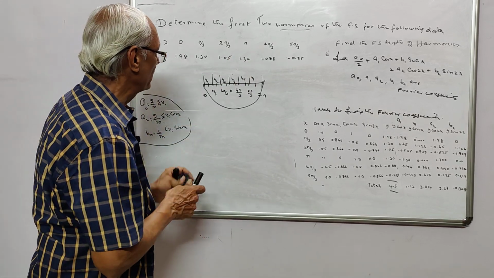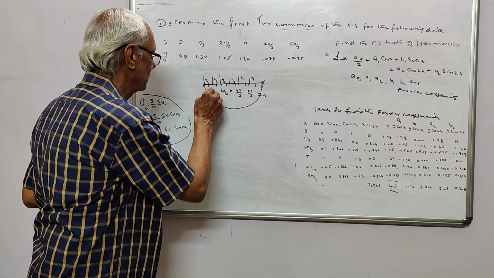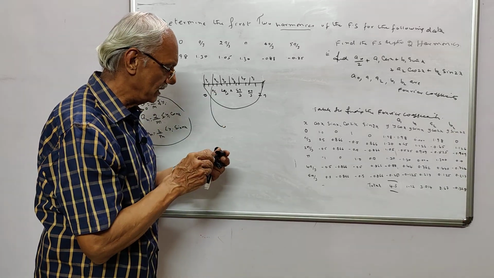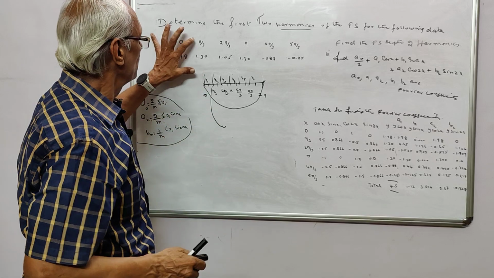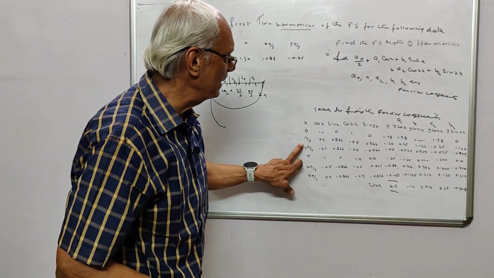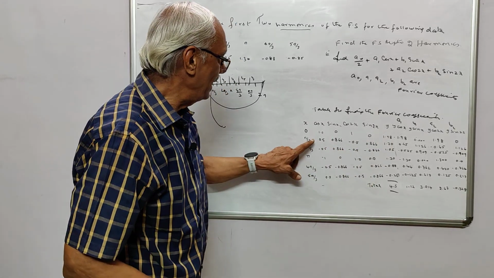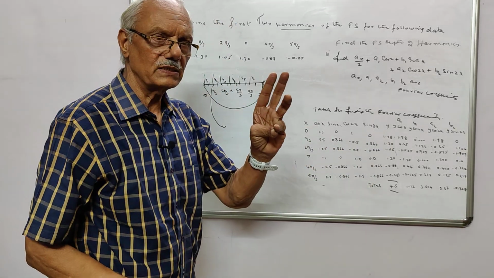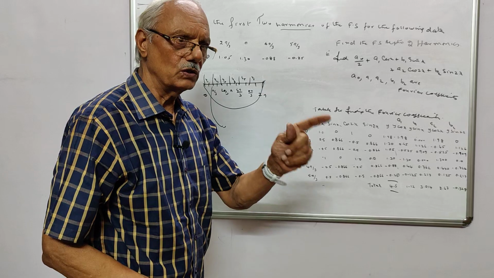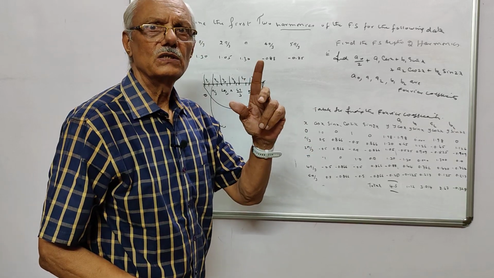Let me take this point, y at pi by 3. Its corresponding y value is 1.30. And you want cos x, sin x, cos 2x, sin 2x.